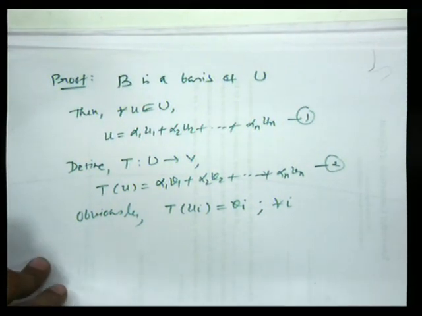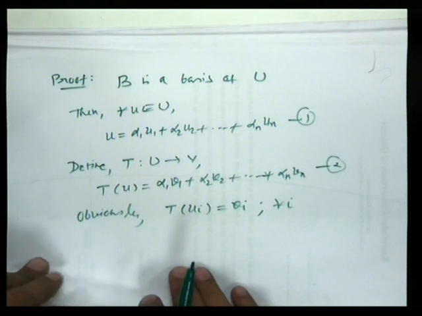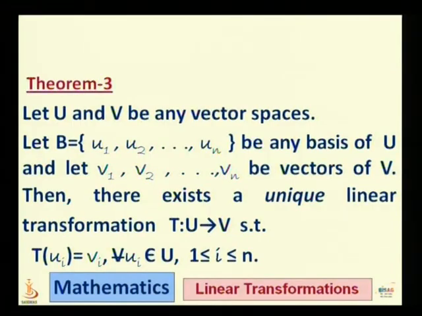Now we show that the function defined this way is a linear transformation. So here we take any two vectors u and v of capital U. We have u is equal to alpha 1 u1 plus alpha 2 u2 plus up to alpha n un.